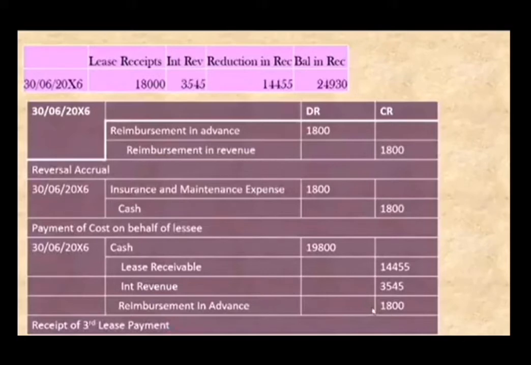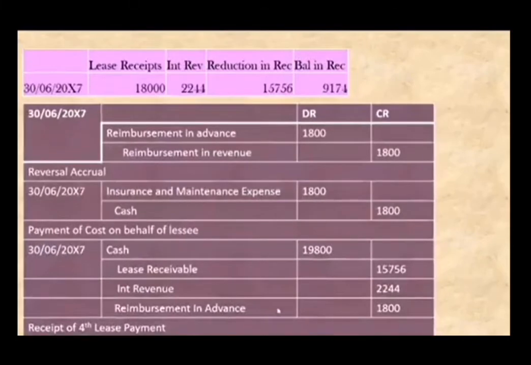Then this is for the third lease payment. It's the exact same thing for the year X6, but the different thing is the lease receivable amount and the interest revenue amount, because the balance of interest receivable will be different every year. And then this is for the fourth lease payment. It's the same thing except for the lease receivable and interest revenue.